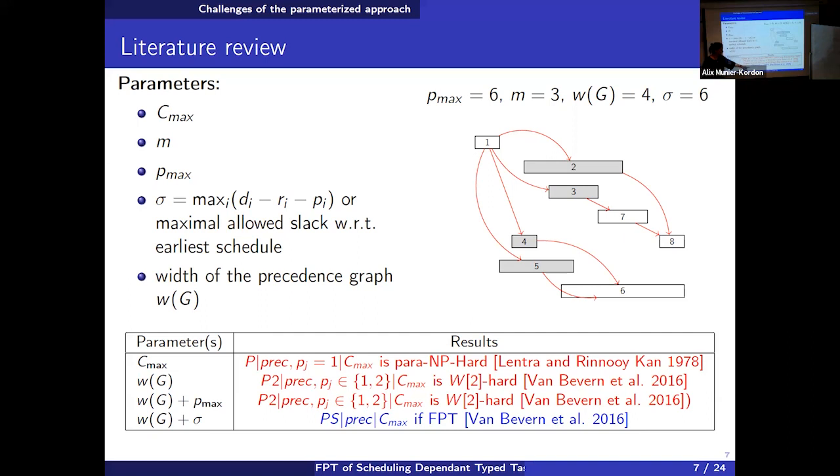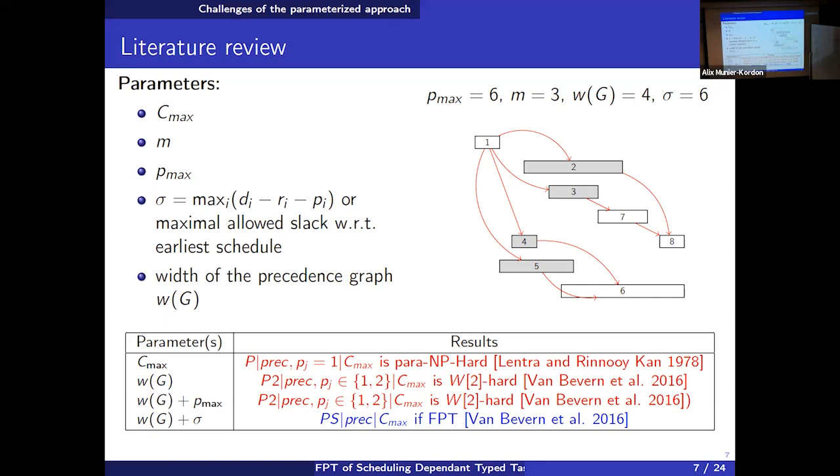It's very general. If you consider only the precedence on this kind of machine, and you want to minimize the makespan, then you have an FPT algorithm. It's a very interesting result, and I will say it is the first positive result for this class of problem.